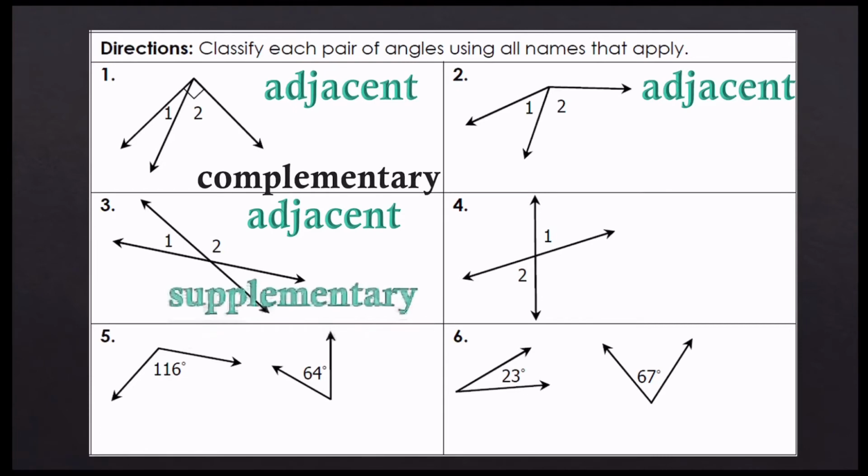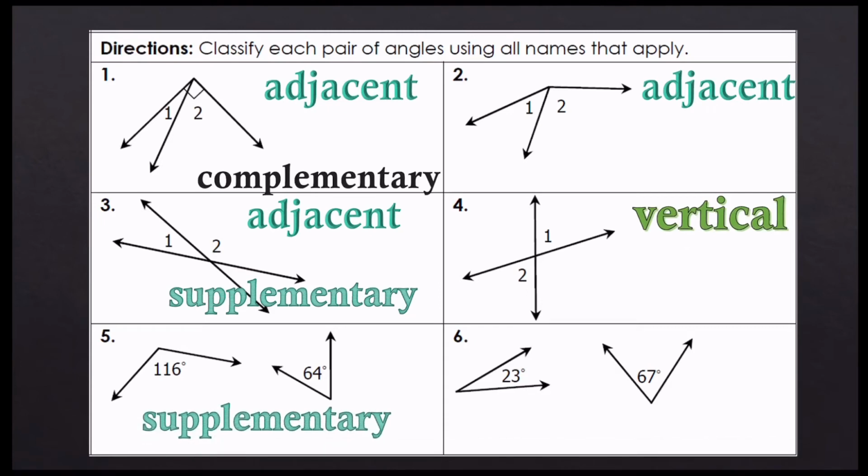Okay. Number 4, what relationship do they have? They're vertical. Number 5, they're not touching, they're not vertical, but I see measurements. So if I added those two, I get 180. So they're supplementary. That goes for the same thing with 6.